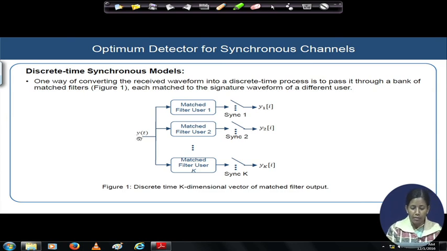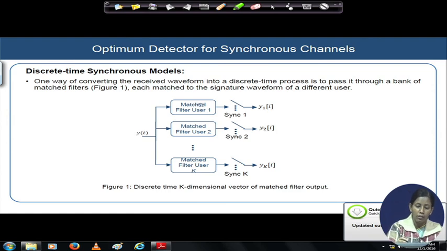So, y(t) is the incoming signal of our interest, and we have a bank of correlators or a bank of matched filters. The responses of the filters are matched with user 1 to user K. If it is a synchronous channel, that means all the user signals are synchronized with zero synchronization error, and you get all the incoming signals aligned to each other.